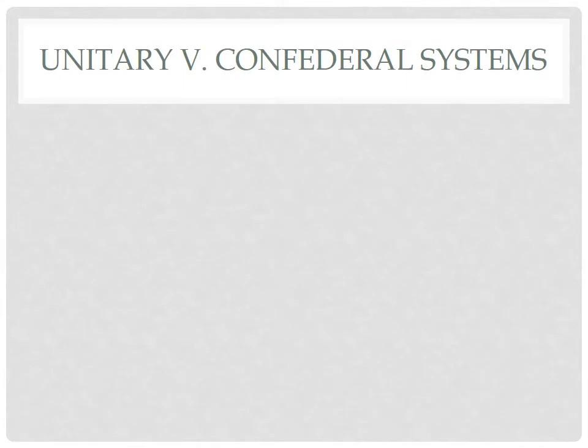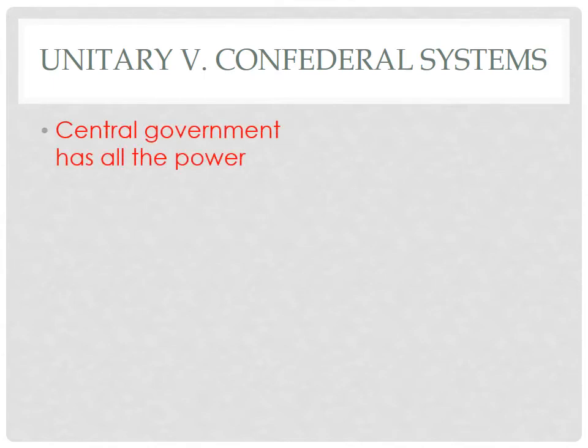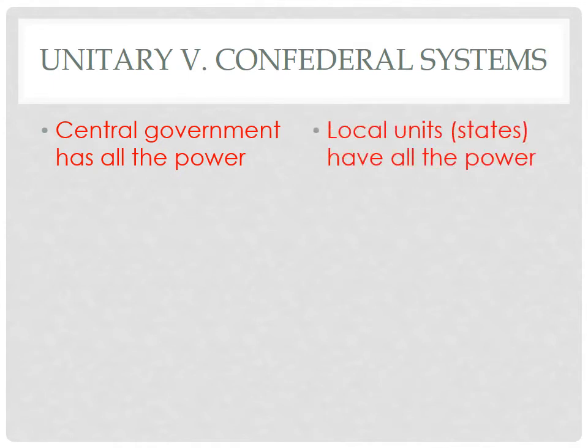So let's look at the difference between unitary and confederal systems. In a unitary system, you have the central government holding all of the power, versus in a confederal system where the local units have all of the power. So really that is the polar opposite beginning of them, is who holds the power within the actual government. Is it held in one central location?